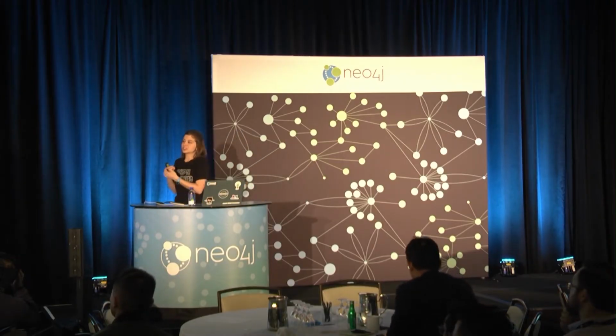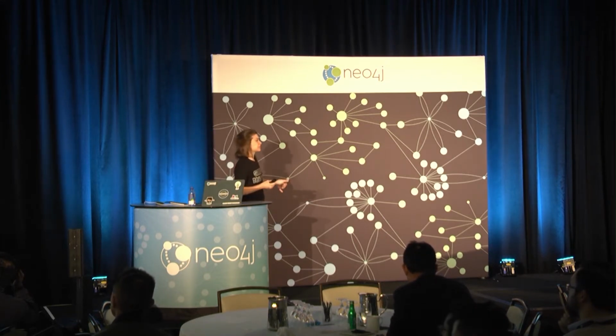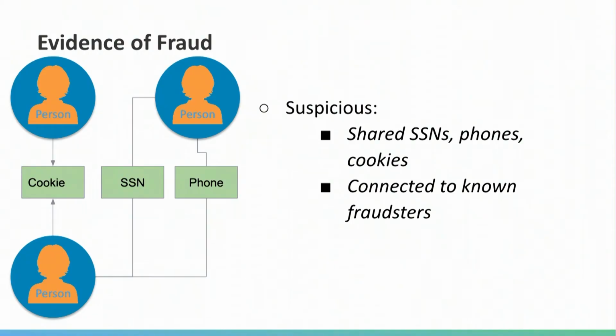So how are we going to determine that we have something that's fraudulent? What Paul comes up with is that we're looking for some overlapping identity pieces. So in this case, we have 3 persons here, and they might share things like a social security number, a phone number, a web session cookie. All of those things together don't look too normal.